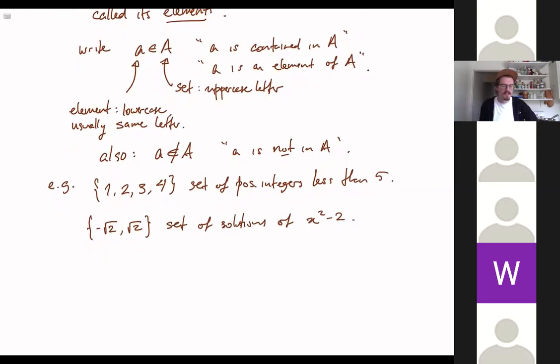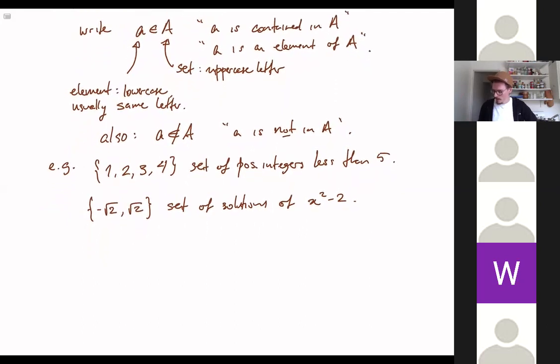Okay, so lots of examples, write down as many as you want. Here are some particularly important ones that you might see more than others. There is this guy, which is also denoted like that, which is called the empty set. It has no elements.